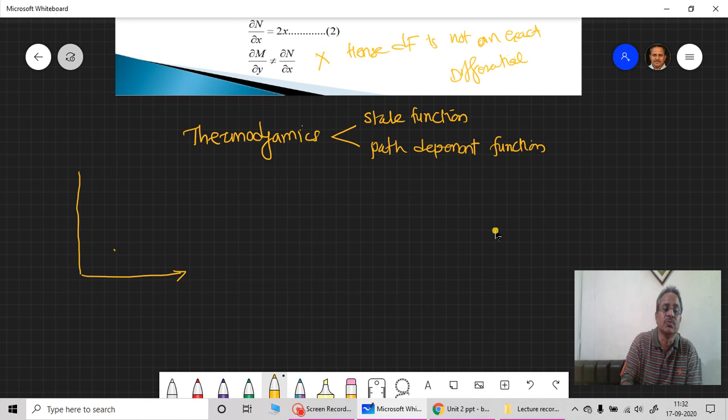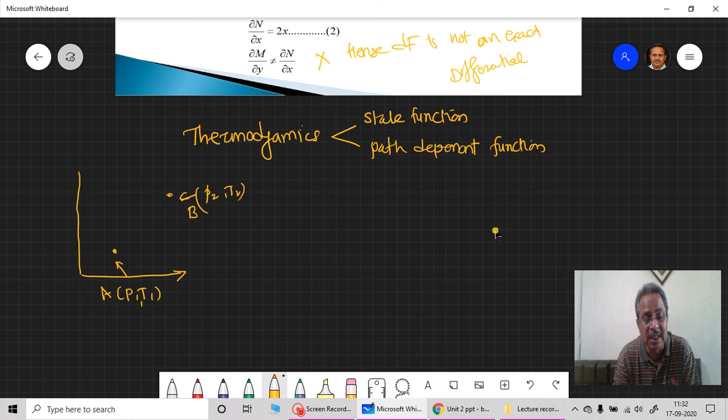This is one state and this is the second state. So here it is P1 T1, the first state, and P2 T2, the second state. So pressure 1 and temperature 1 is this state A, and this is state B, another state of that thermodynamic system where pressure is P2 and temperature is T2.